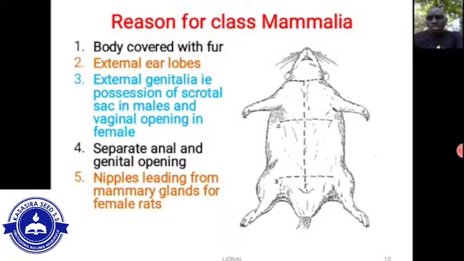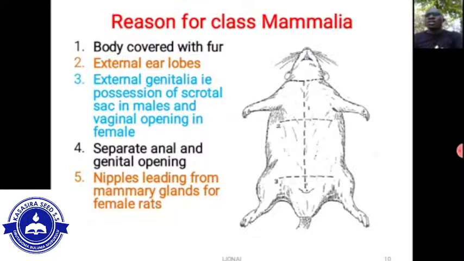Also, mammals have external genitalia. Yes, and possession of the scrotal sac in males and the vaginal opening in females is predominant for the mammals. Yeah, so you can easily see the scrotal sac or the vaginal opening, the vulva for the females. And then we have the separate anal and genital openings.